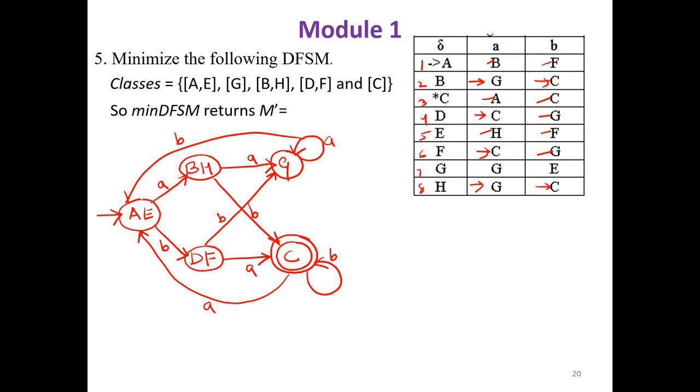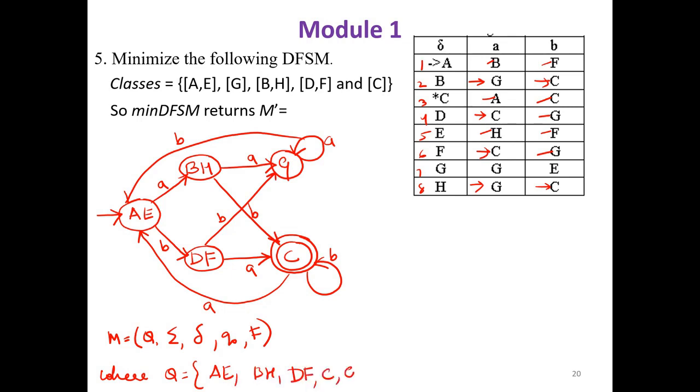And finally, the DFSM obtained is M equals Q, summation, delta, Q naught, F, where Q consists of AE, BH, DF, C and G states.